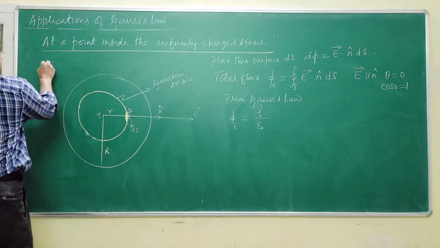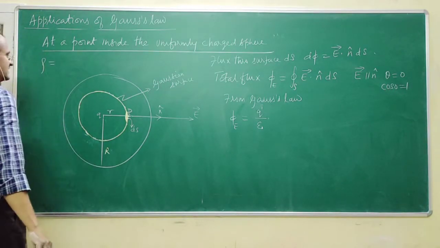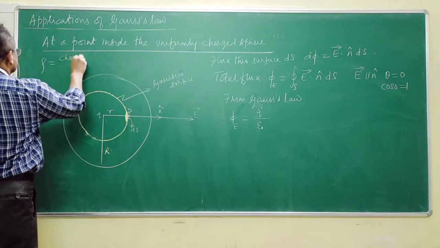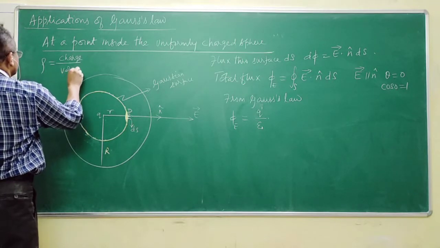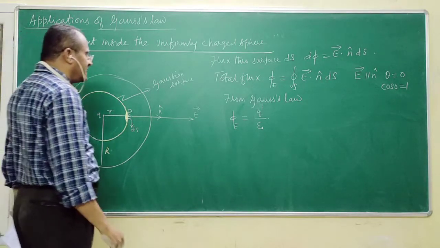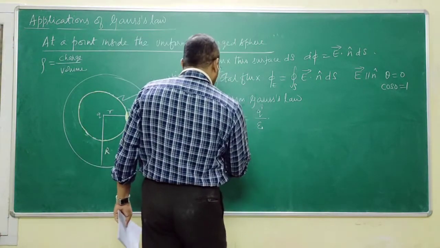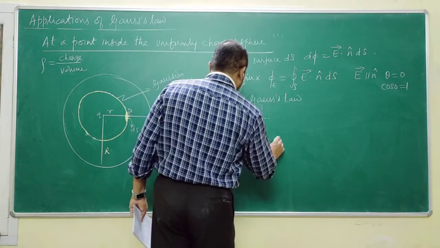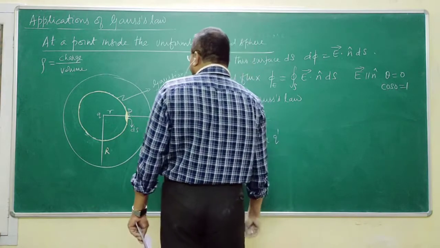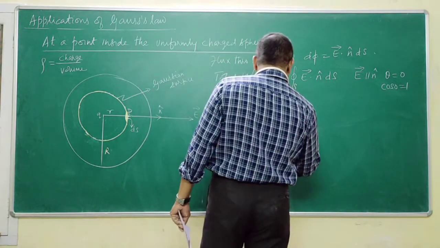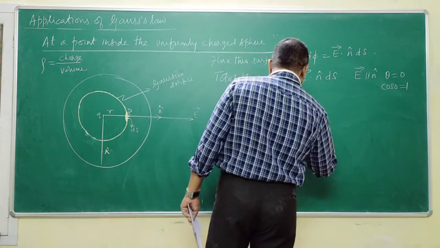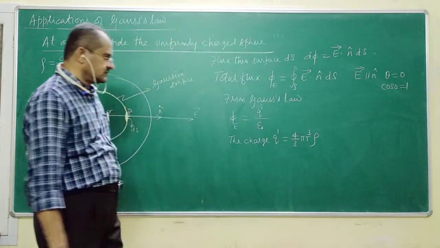For that again, surface charge density, volume charge density, I write it as charge upon volume. Therefore I write the charge Q dash is volume 4 by 3 pi r cube into rho. Is that okay to you, sir?